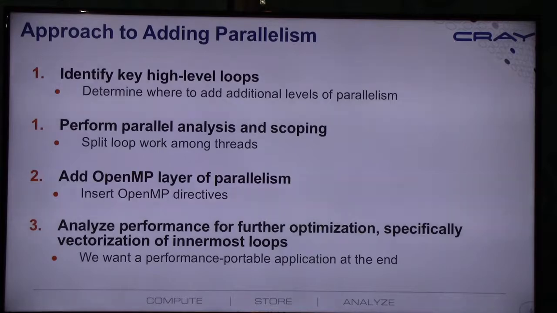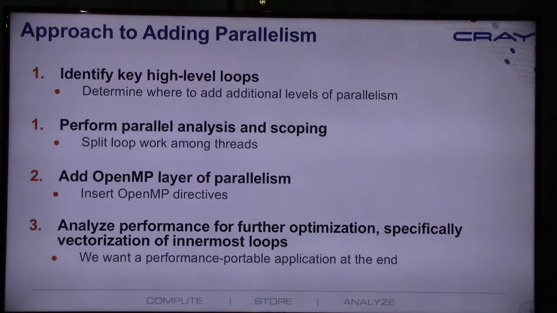The typical approach to adding OpenMP to an application is to first identify the loops that you want to parallelize. If you have a many thousand or maybe a several million line application, sometimes that's difficult to do, to identify which particular loops you want to parallelize. The next step is to actually perform the parallel analysis and scoping.